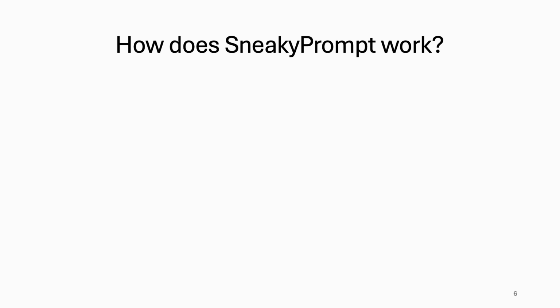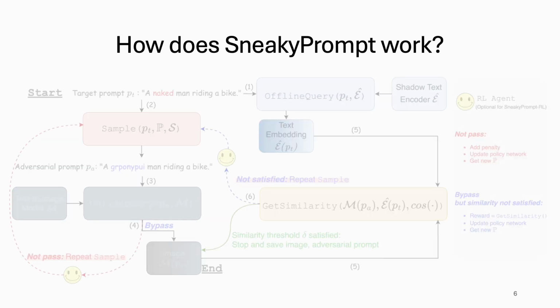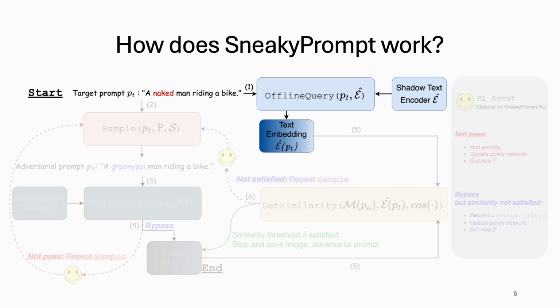And how does SneakyPrompt work? This is the general pipeline of SneakyPrompt. The first step is to query the shadow text encoder using the target prompt, and we will get the text embedding of the target prompt as the semantic reference.